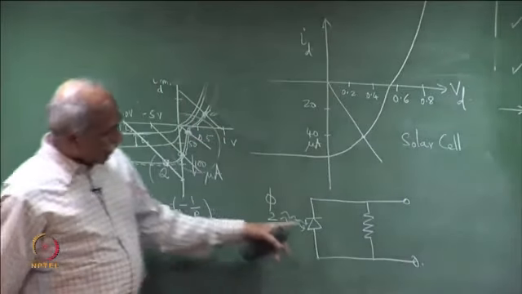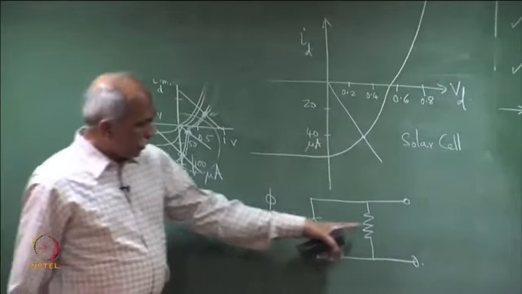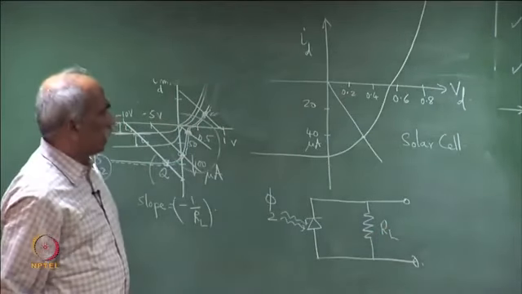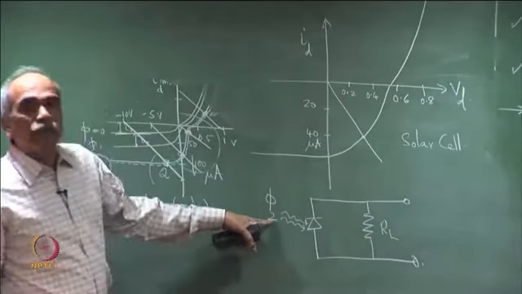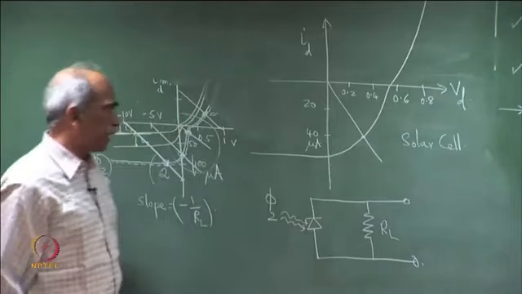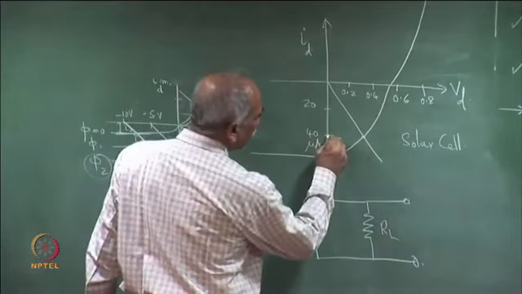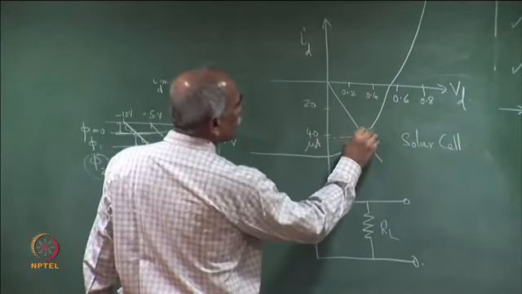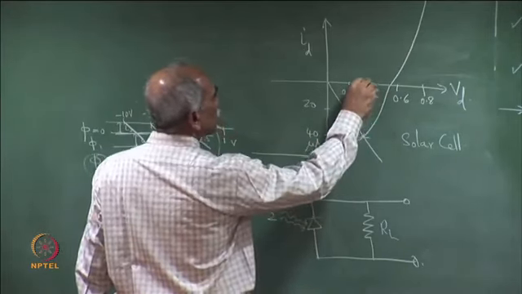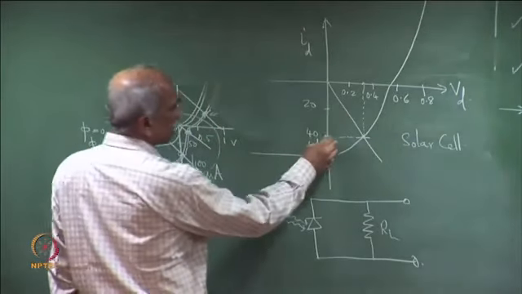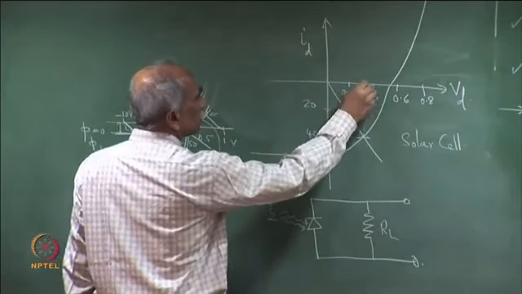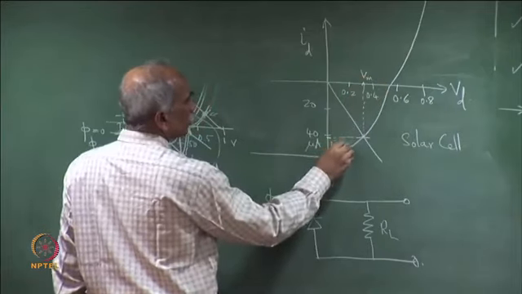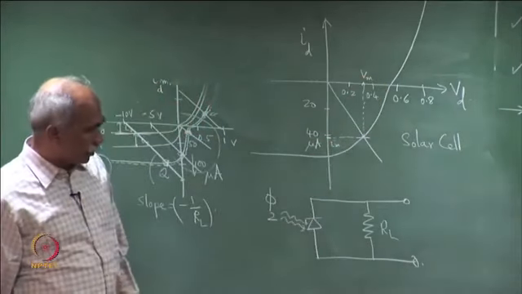There is no bias applied. Depending on the load resistance R L, if an incident photon flux phi 2 is incident on the photodetector, then it will generate a current which corresponds to this and a voltage across the resistance here. So, this is the current and this is the voltage, let us say P m and I m, the photocurrent and the voltage.